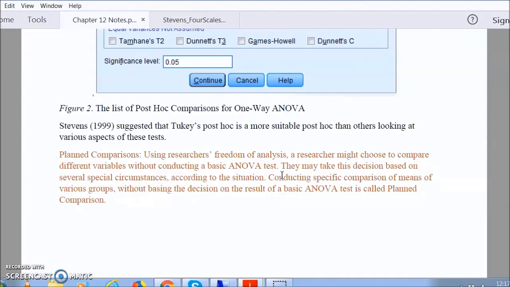So if you look at page numbers 264 and 265, the excerpts 12.12 and 12.13, you're going to see that there was a one-way ANOVA done that shows a statistical difference.